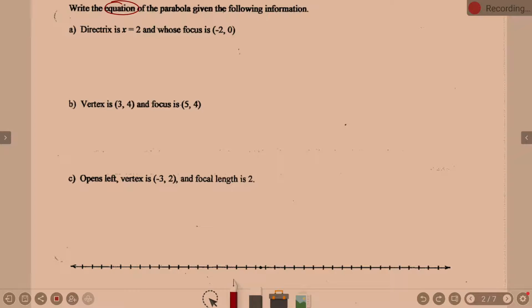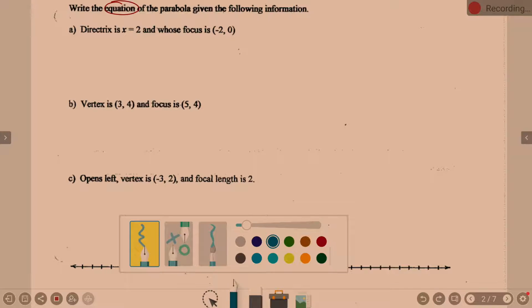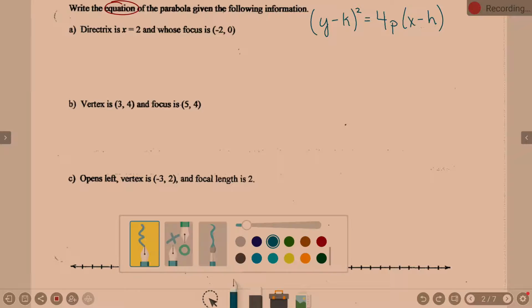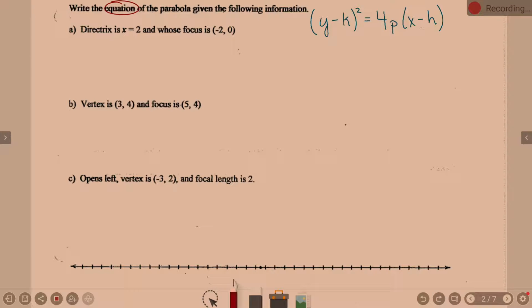So I'm going to know that I'm trying to fill in y minus k squared equals 4p times x minus h. That's my goal there. And as I look at that goal, realize I need to know h, k, and p. Those are the pieces I need to know.